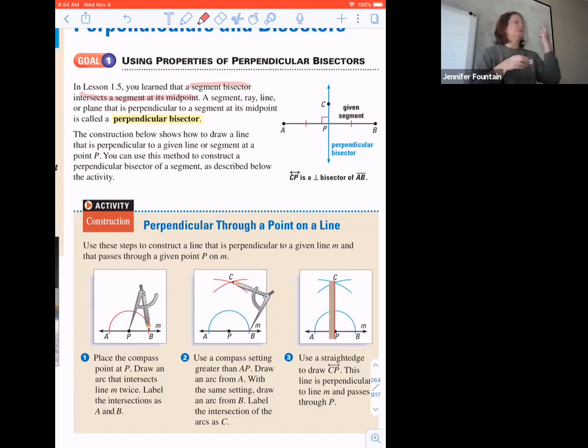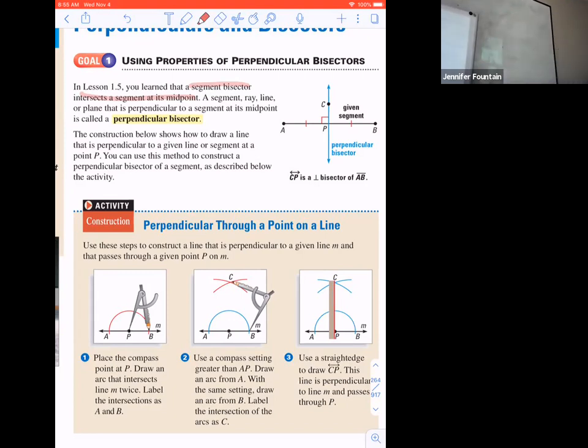What does the prefix bi mean? 2. So I'm cutting it into 2 pieces. And because it's at the midpoint, what do I know about those 2 pieces? If something is cut at the midpoint, if it's cut in the middle, what about those 2 segments that have been cut in half? They're equal to each other.